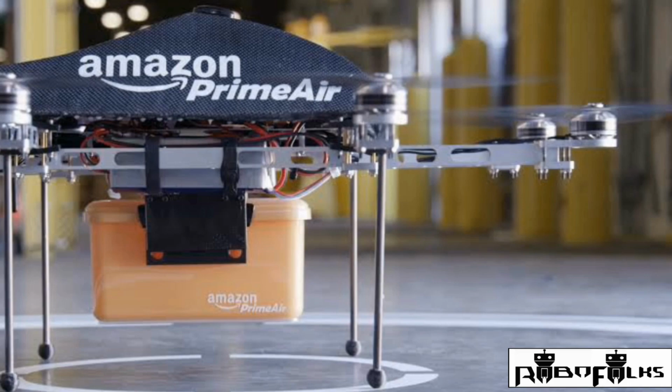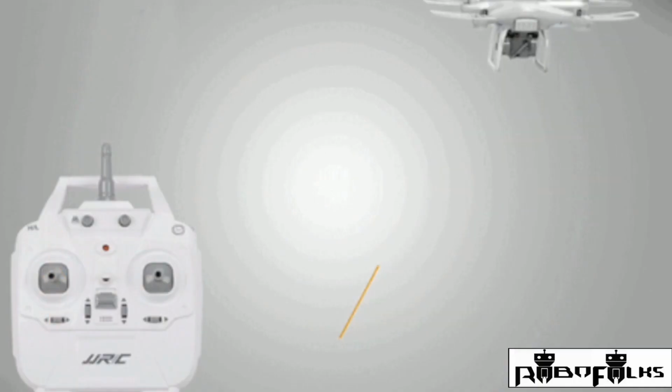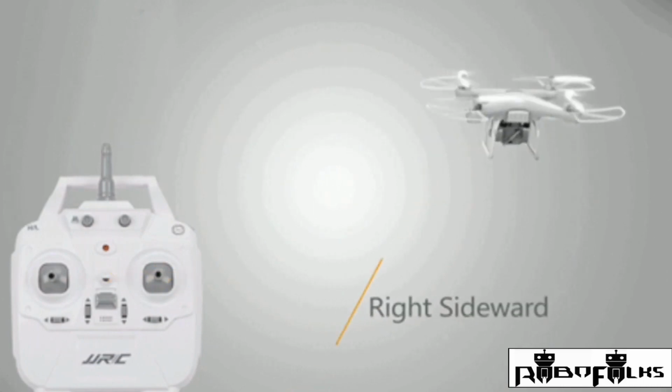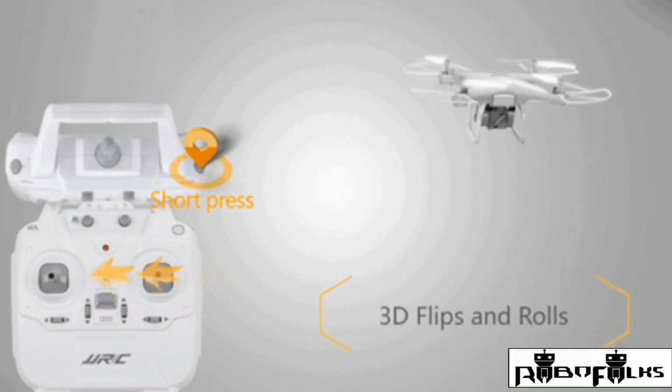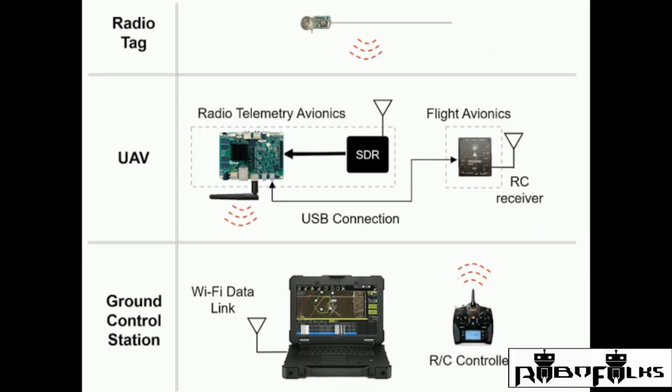Transmitter. The transmitter sends signals from the controller to the drone to generate commands for direction and thrust. Receiver. The receiver receives the signals sent by the transmitter and passes them on to control flight direction.